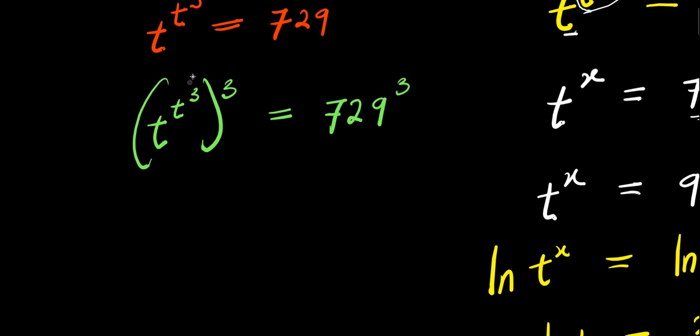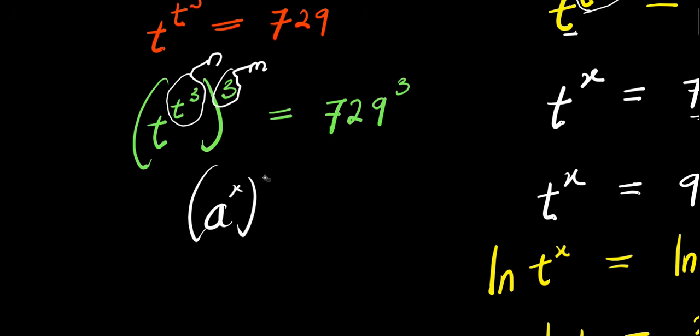Now, this will represent my n, and this will represent my m. So I can easily switch the powers, because a power x power y equals a power y power x.